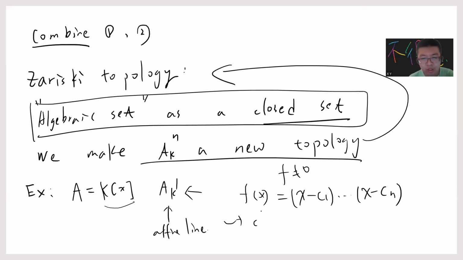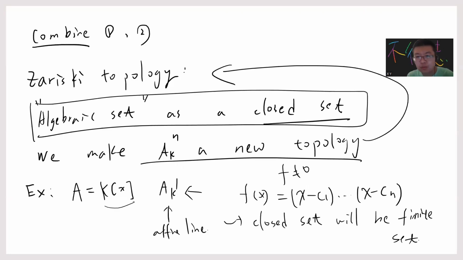This tells you that a closed set will be a finite set, right? Also any finite set is closed, because you take any finite set and you can form a polynomial whose zeros are every point. But there is also another closed set, which is everything: you put zero as the ideal, then this closed set becomes everything.